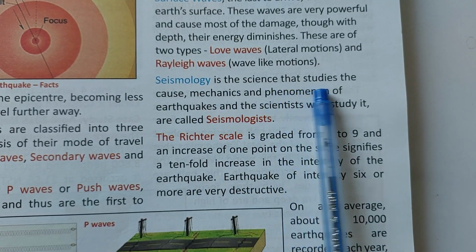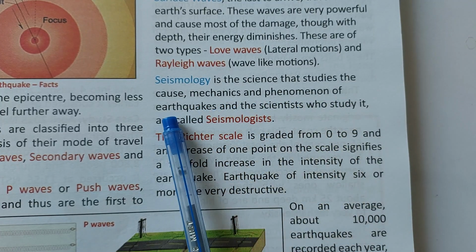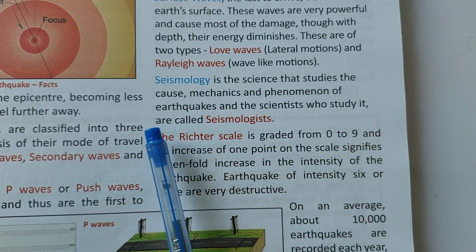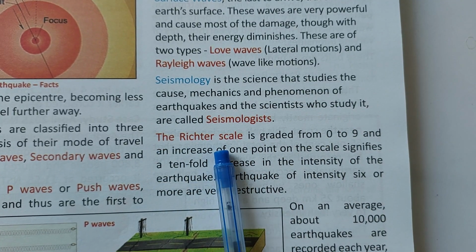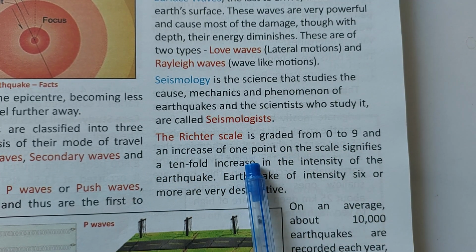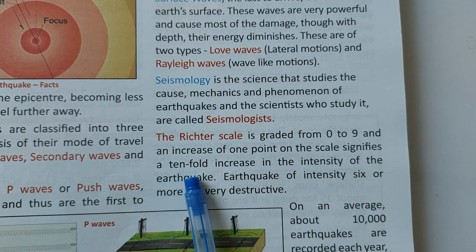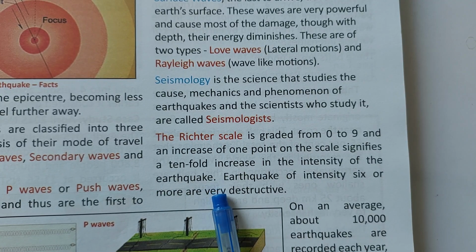Seismology is the science that studies the cause, mechanics, and phenomenon of earthquakes, and the scientists who study it are called seismologists. The Richter scale is graded from 0 to 9, and an increase of 1 point on the scale signifies a 10-fold increase in the intensity of the earthquake.